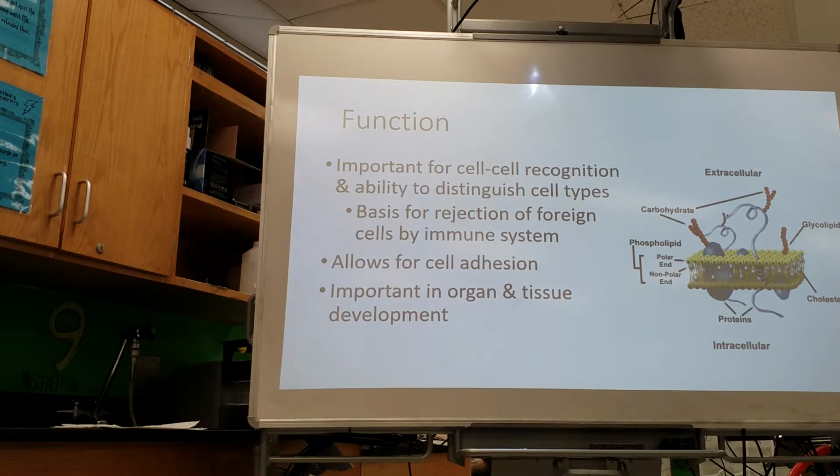When you have cells differentiating and developing in utero, when an organism is developing, some of these signaling molecules on the surface of the cell will help other cells determine an identity and move to the right location inside of the body. There's a lot of migrating happening during development.